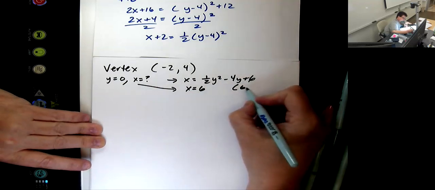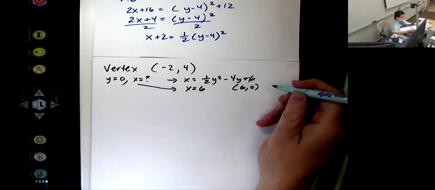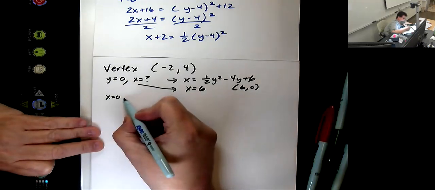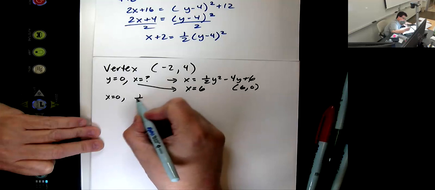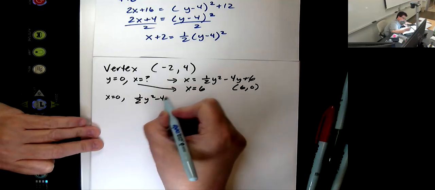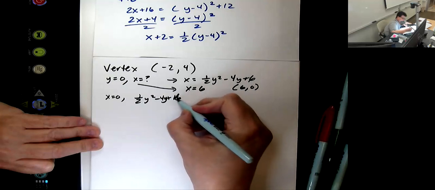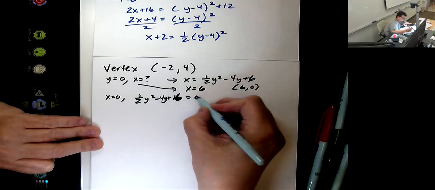So (6, 0) is a point on the graph. Then I could do what about when x equals 0? When x equals 0, I've got 1/2 y squared minus 4y plus 6 equals 0.